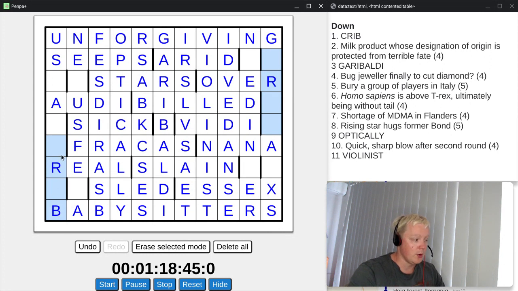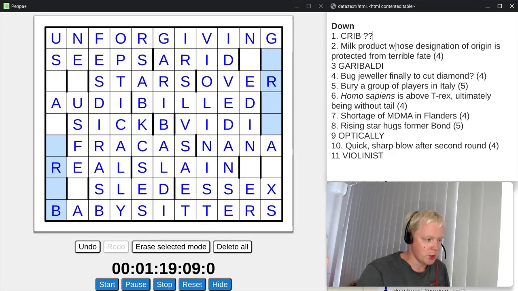So we are going to be using these three letters for a down answer, but we don't know whether it's like this and then this, or whether it's like this and then this. So I'm going to mark these two options, but we annoyingly can't put crib in yet. So I'm going to mark this with the question marks again. So this now starts with C, D, E, F, or G.